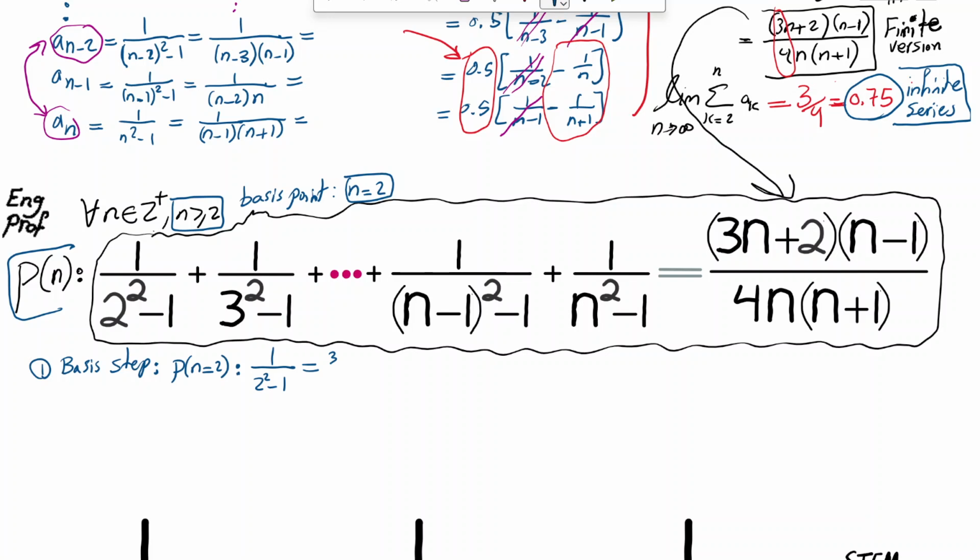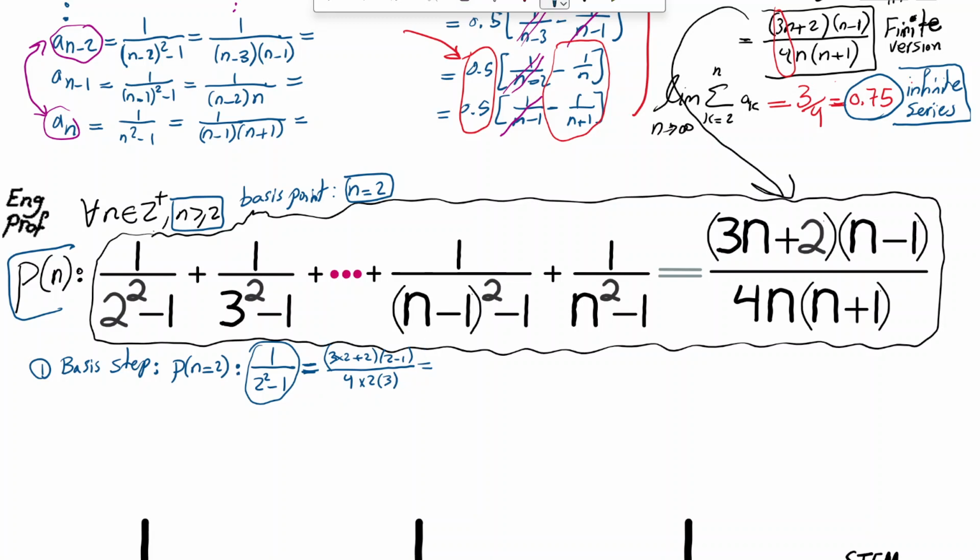We get 3 times 2 plus 2 times 2 minus 1, divided by 4 times 2 times 3.